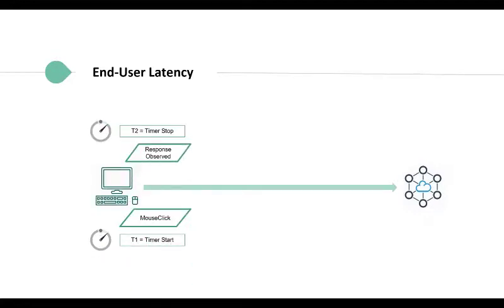It triggers something, whatever application it might be, and then we observe at the endpoint the change. And then we stop the timer, and the difference between those is our end user latency. And of course, that incorporates the encode time, the decode time, the frame rendering time, the network latency, et cetera. So that's a way for us to measure end user latency.